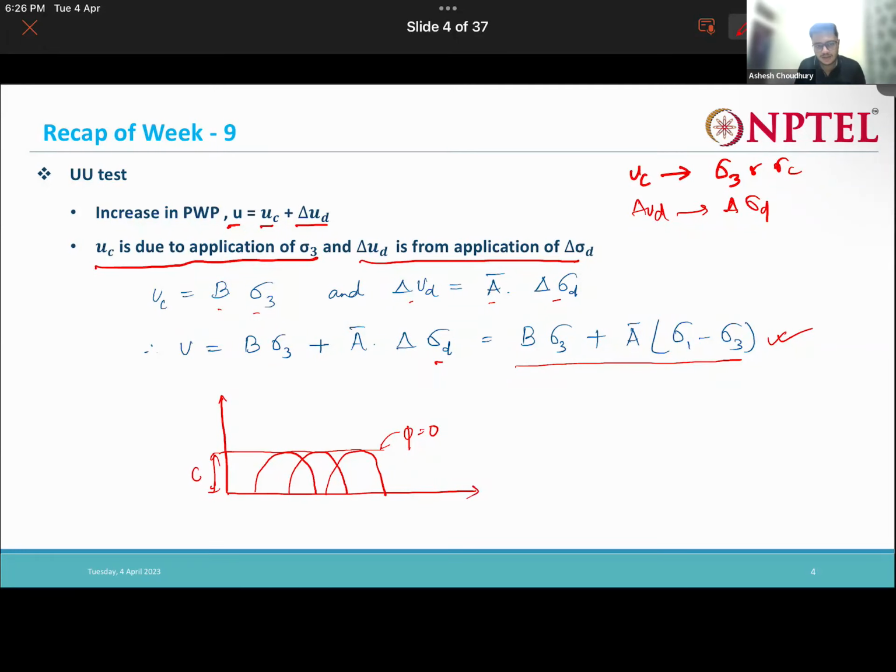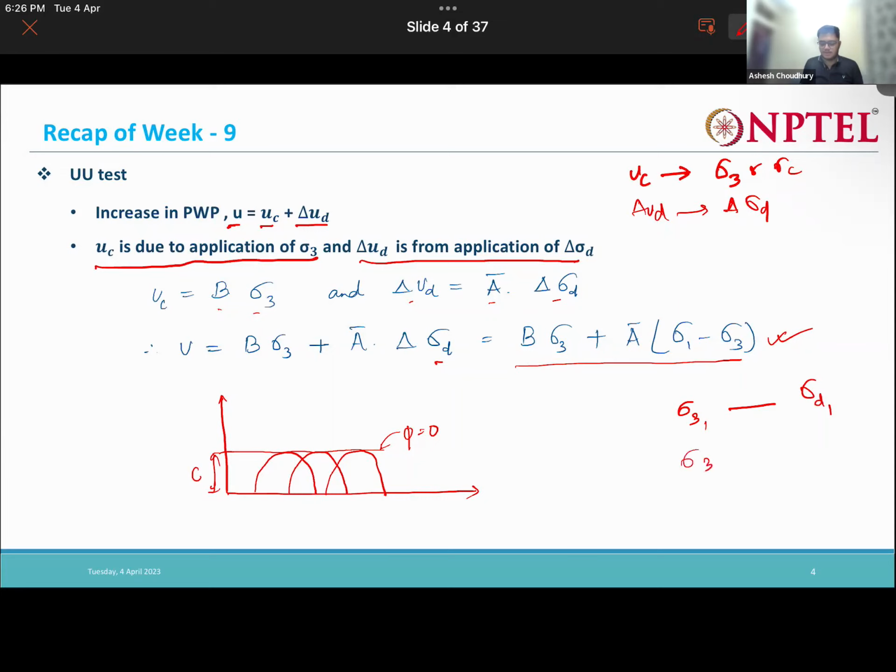Because the soil is completely saturated. In the first stage there is no drainage, and in the second stage also no drainage. So for sigma 3 1, sigma D1 is the failure.